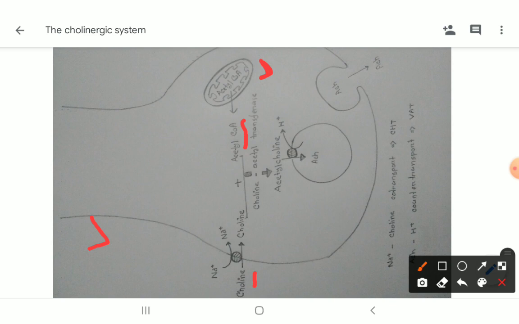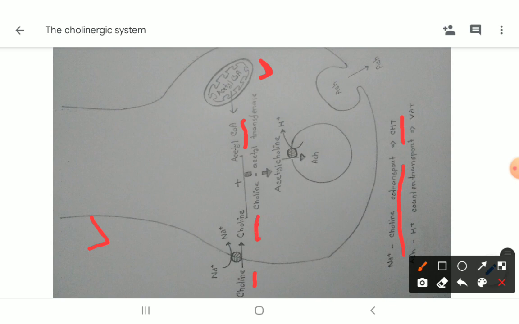Choline from the diet enters into the presynaptic nerve terminal by the sodium-choline co-transport mechanism. The sodium-choline co-transporter is also called CHT or choline transporter. By this transporter, choline enters into the presynaptic nerve terminal.